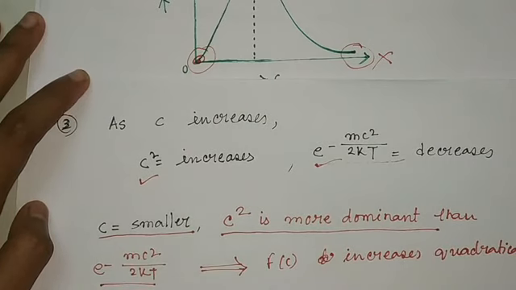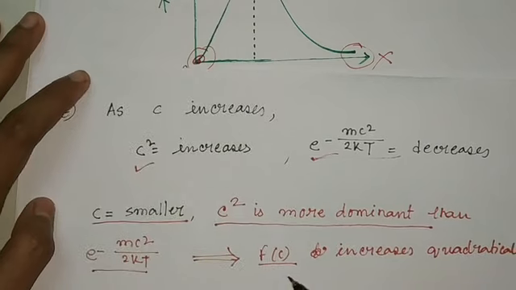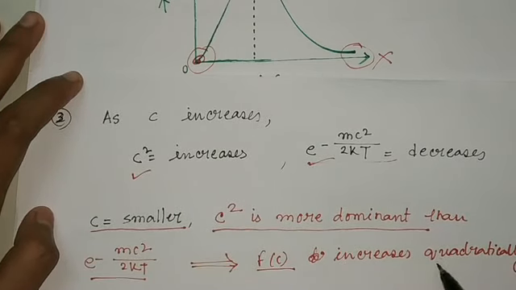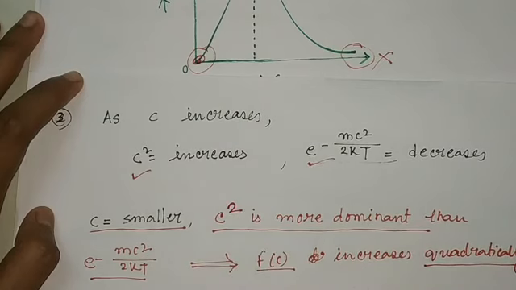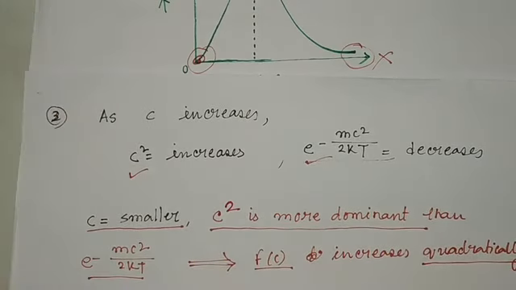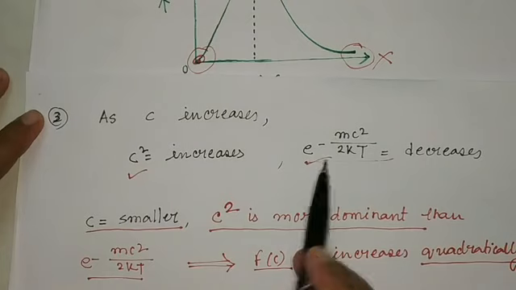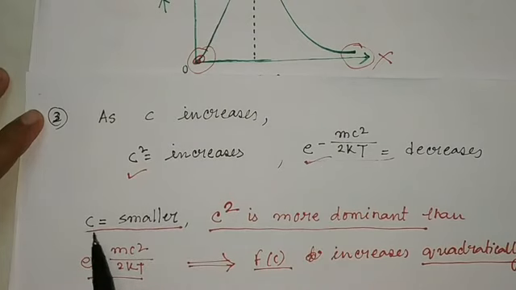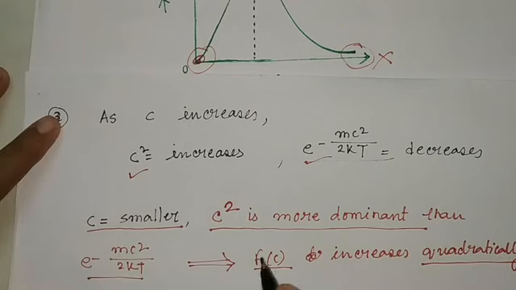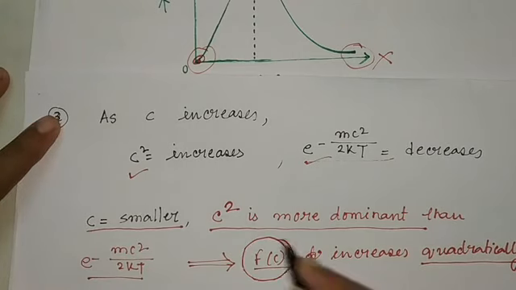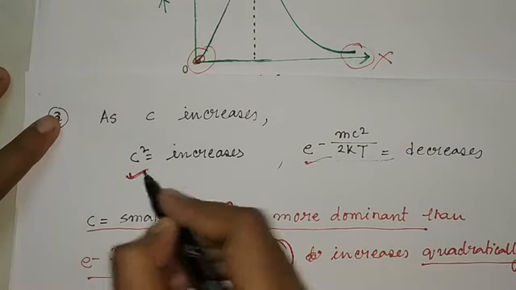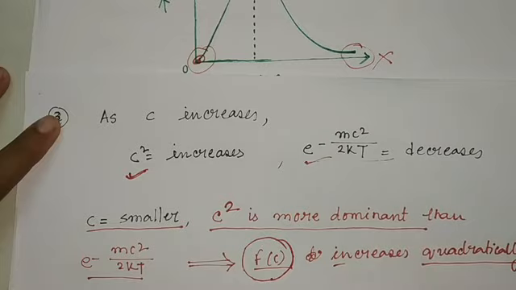As a result, the distribution function also increases, and it increases quadratically, as the square of c. So for smaller values of c, as the velocity c increases, the distribution function f_c also increases, because it depends more on the c square term.